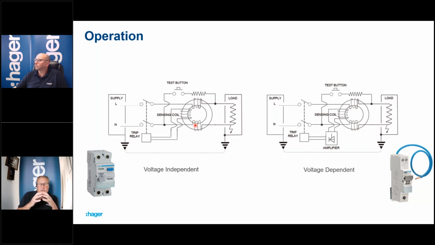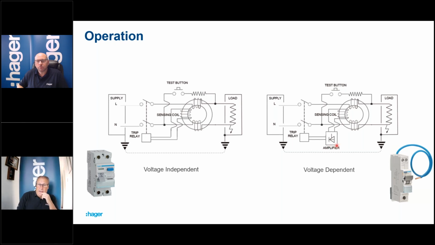Now, okay, to do that, the coil must be a certain size in there. So when we in the UK like to use one module devices, that's a bit of a challenge because obviously the physical coil inside there has to be a lot smaller. Now, if the physical coil is a lot smaller, the problem is that it doesn't generate enough power to actually operate the device, to internally do its workings, if you like.